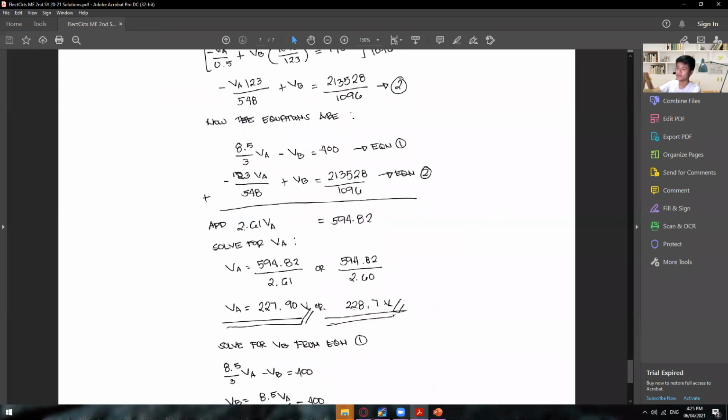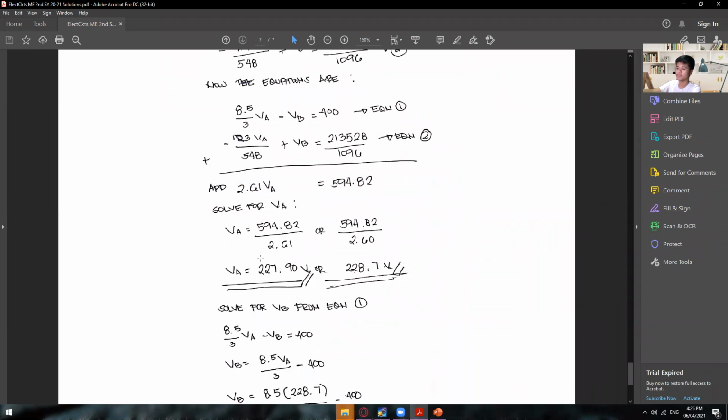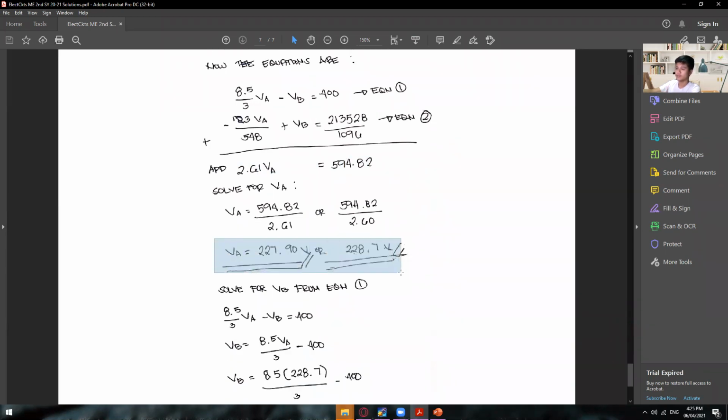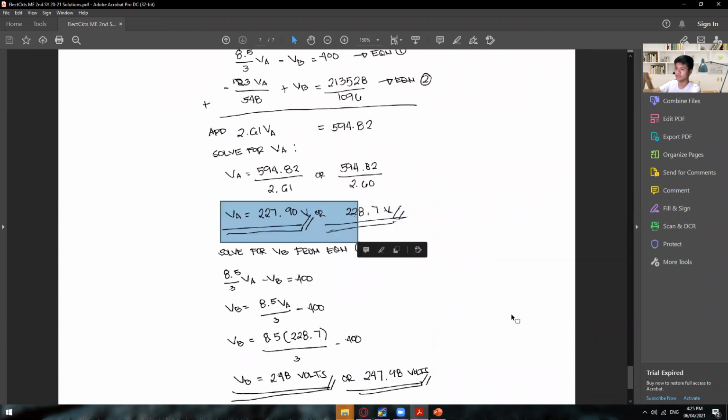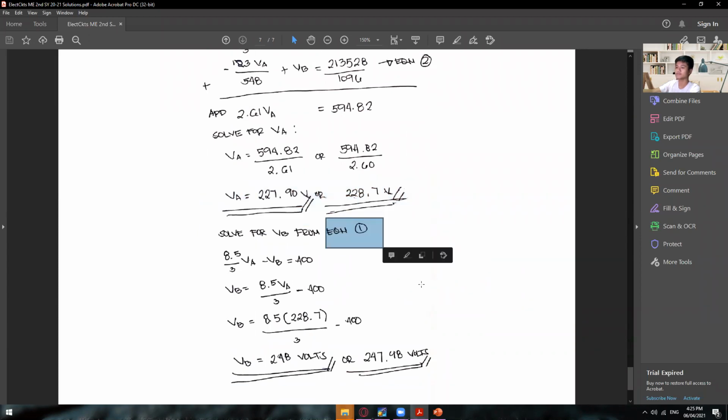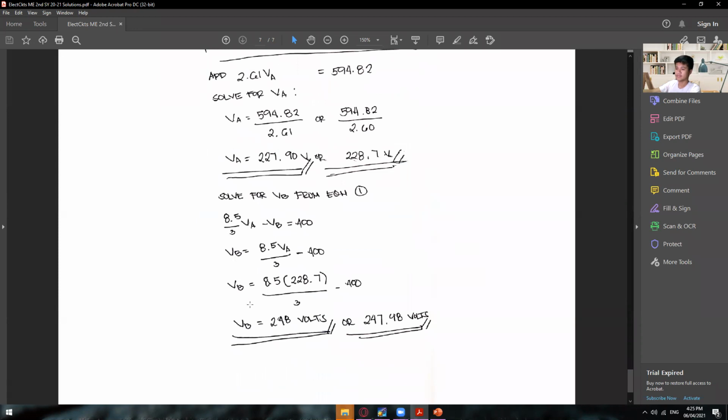Okay, and then from here, you can already solve the VA since we now only have one remaining variable. So the one that we've got here is 227.90 if we have this value right here, or 228.7 if we have this value right here. So since we already have the VA, then substituting the value of VA on equation number 1 will give you this result. 248 volts and 247.90 volts. So I dropped those two.